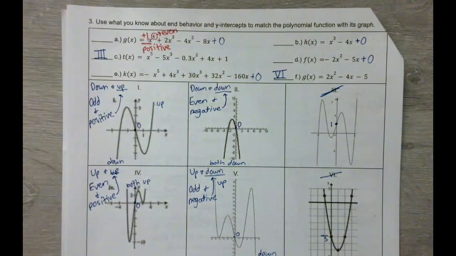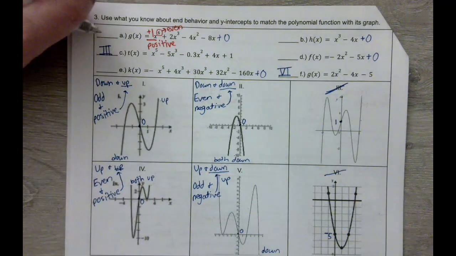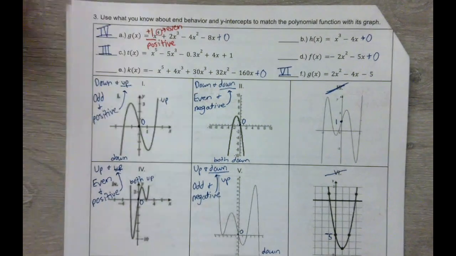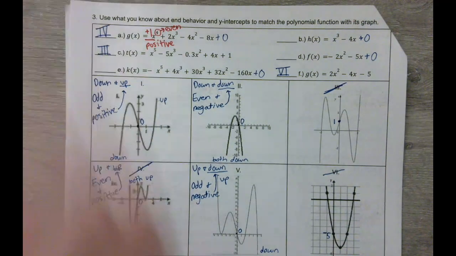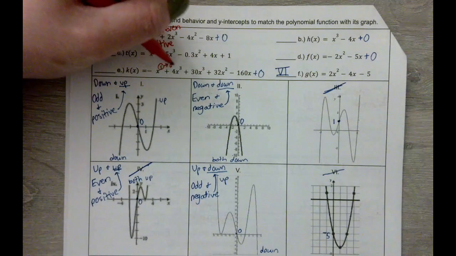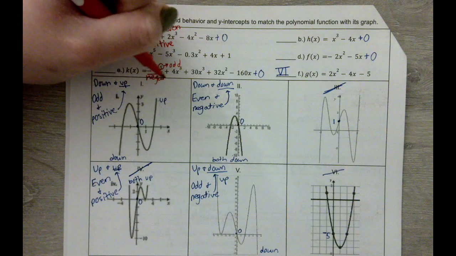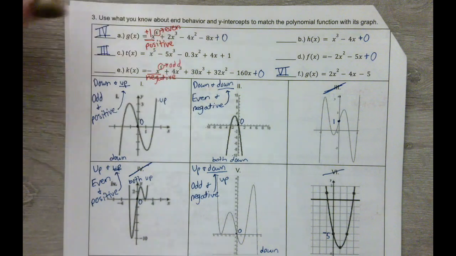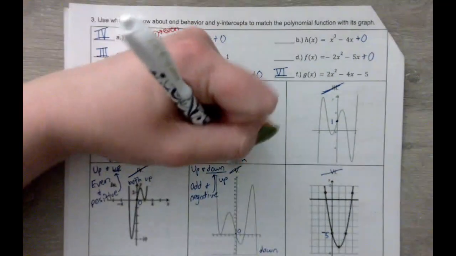It's even and positive, so that matches with graph number 4. E, look at that first term. It is odd and negative. So that goes with graph number 5.